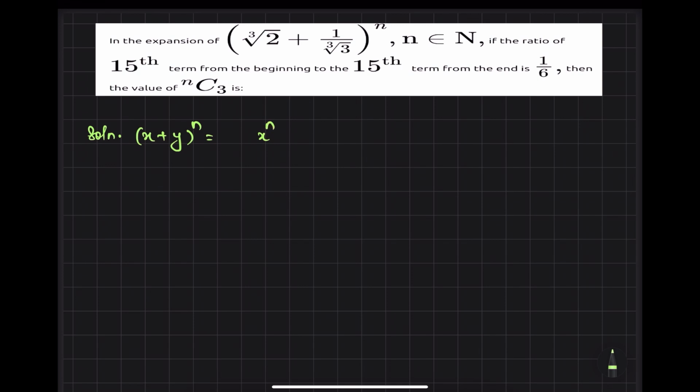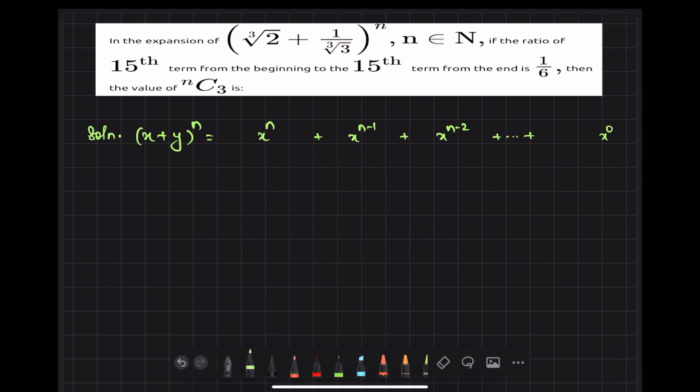Then you keep decreasing the power of x by 1: n, n minus 1, n minus 2, and so on, and later it becomes x power 0, right?